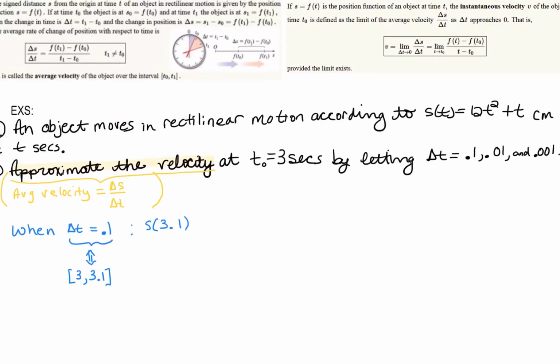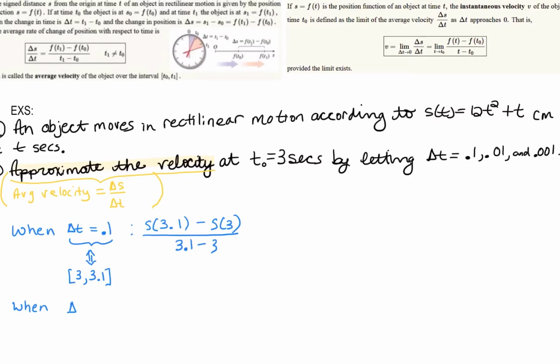Okay, those are synonymous. All right, so we would be doing S of 3.1 minus S of 3, all divided by 3.1 minus 3.